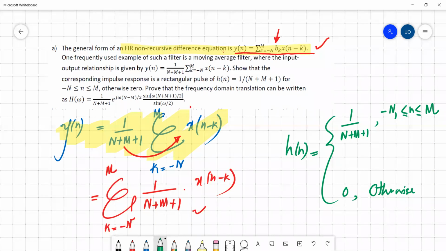Did you get the point? So this factor is basically representing this h[n]. n plus m plus 1 is a constant. Fortunately, the impulse response of the system is a kind of constant.